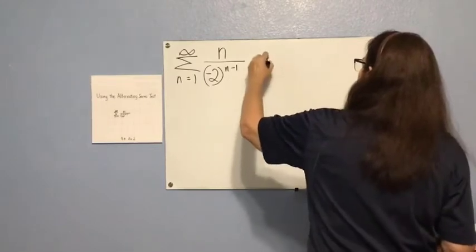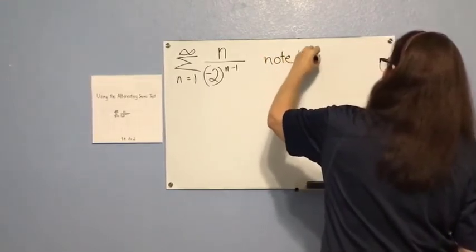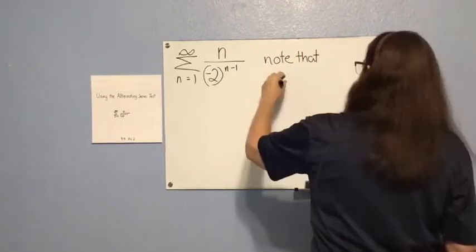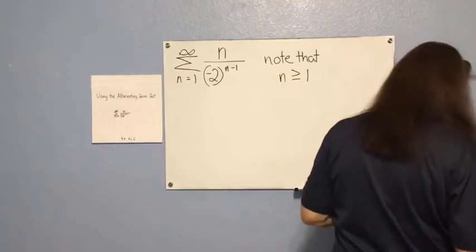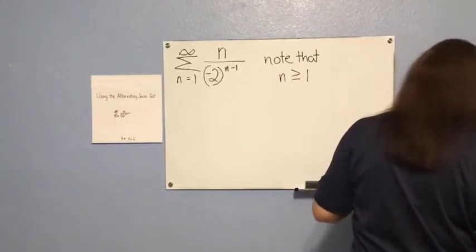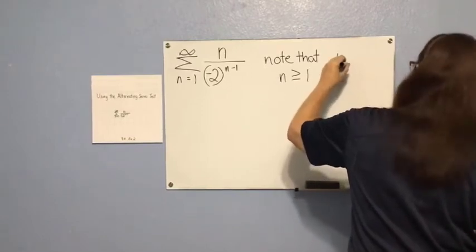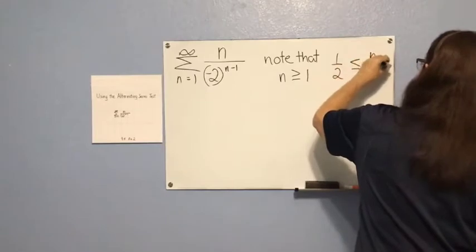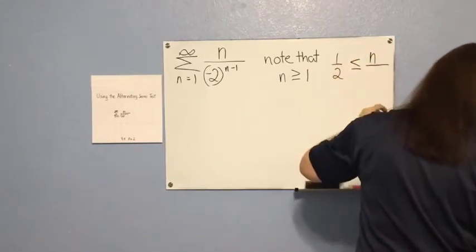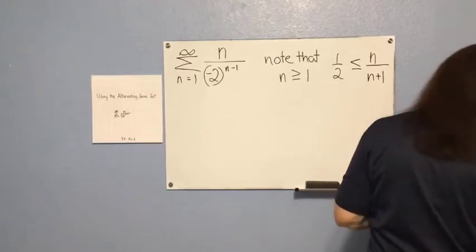In this series, note that when n is greater than or equal to 1, that ratio n over n plus 1 is greater than 1/2.